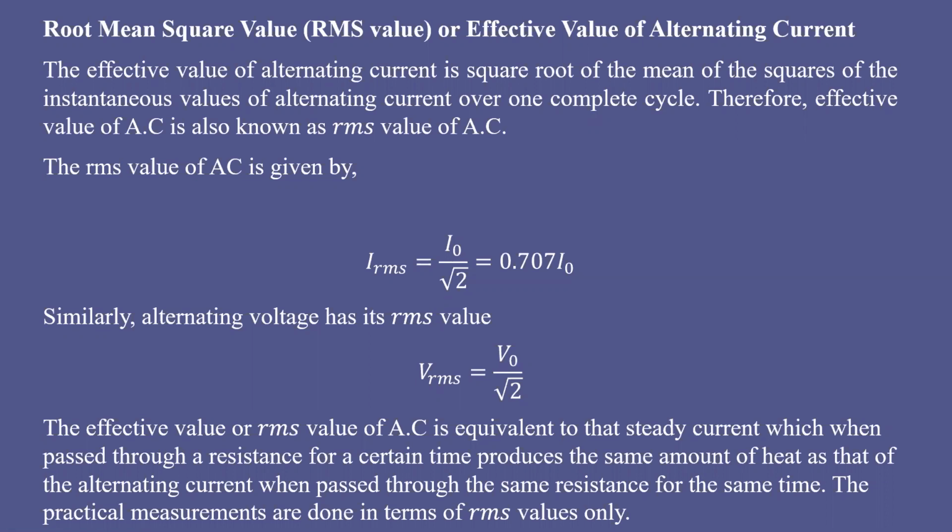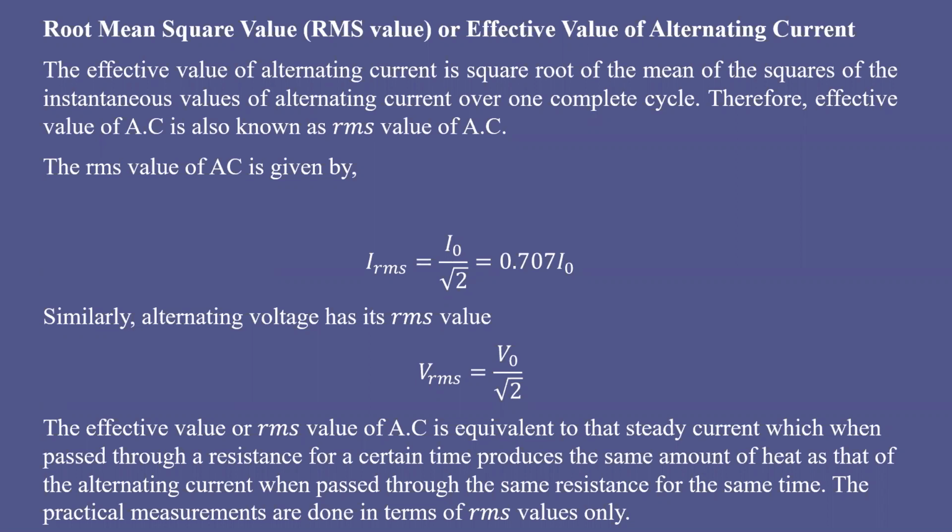So how to define this RMS value of AC? I have just read that. If you pass DC current in a resistance for a certain time, it will produce some amount of heat. Okay. If you pass AC in the same resistance for the same amount of time, and it produces the same amount of heat, then the RMS value of AC is equal to that DC value.